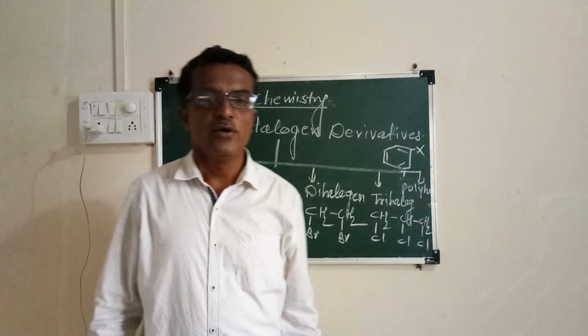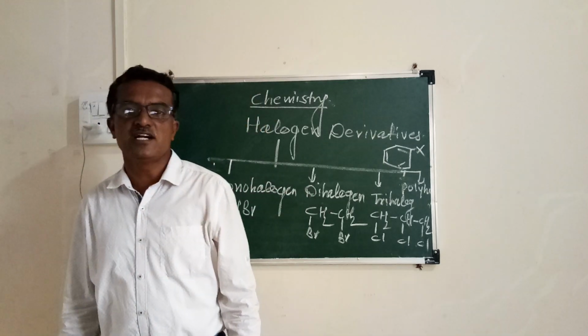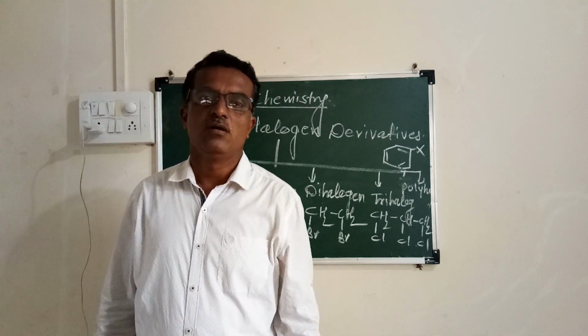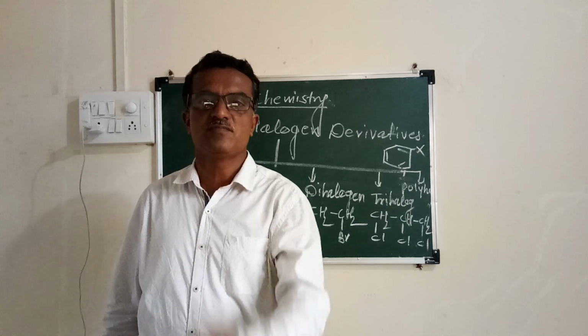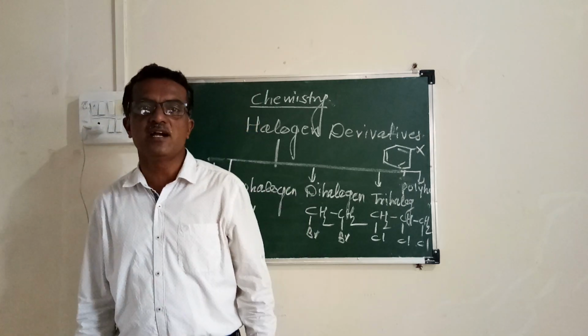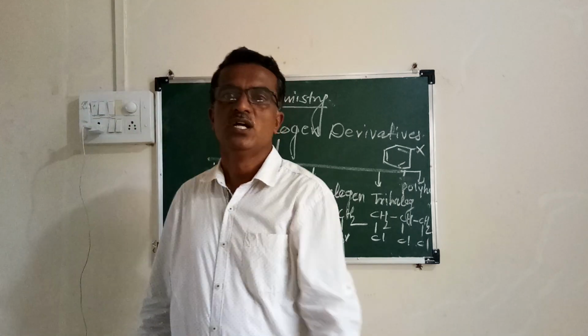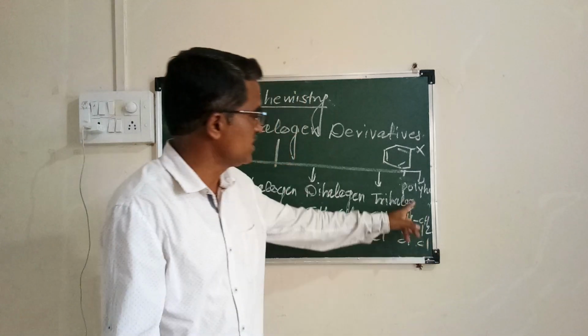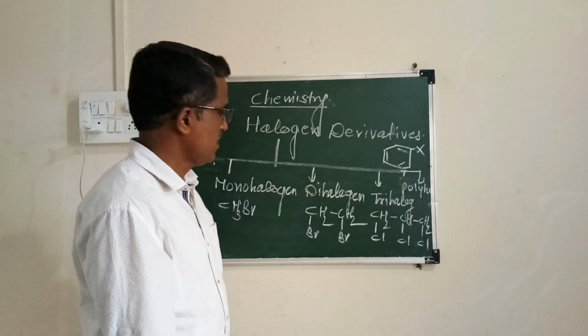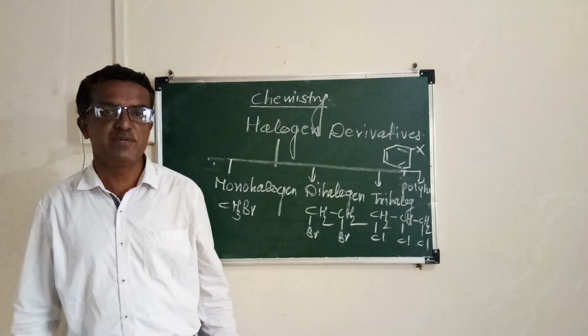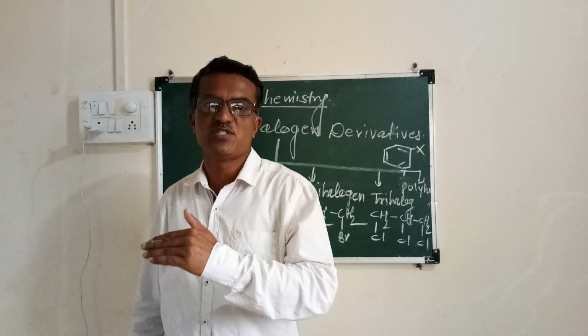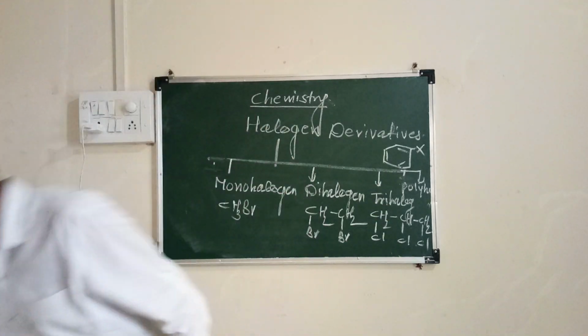And poly means when more than three halogen atoms are present in a molecule, that resultant compound is known as the polyhalogen derivative of alkanes. This is the classification on the basis of the number of halogen atoms present in a molecule.